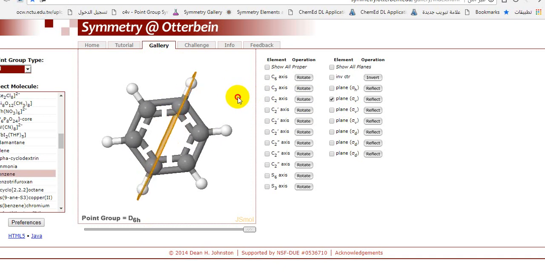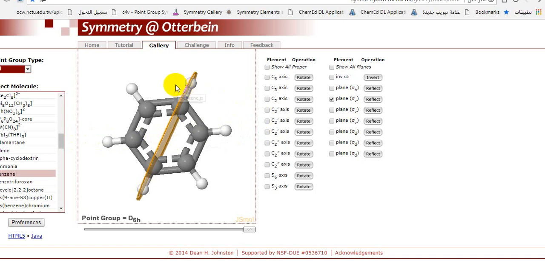This is mirror 1. This is sigma 1. Of course, this is sigma 2. Of course, this is sigma 3.